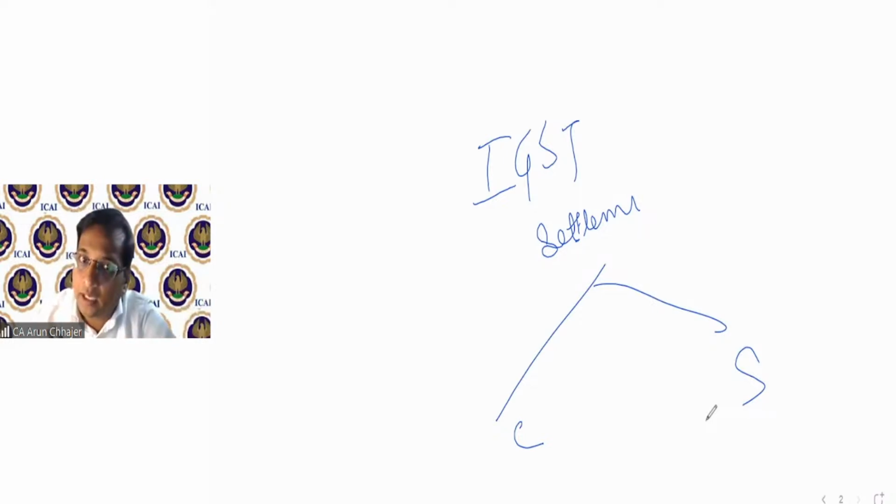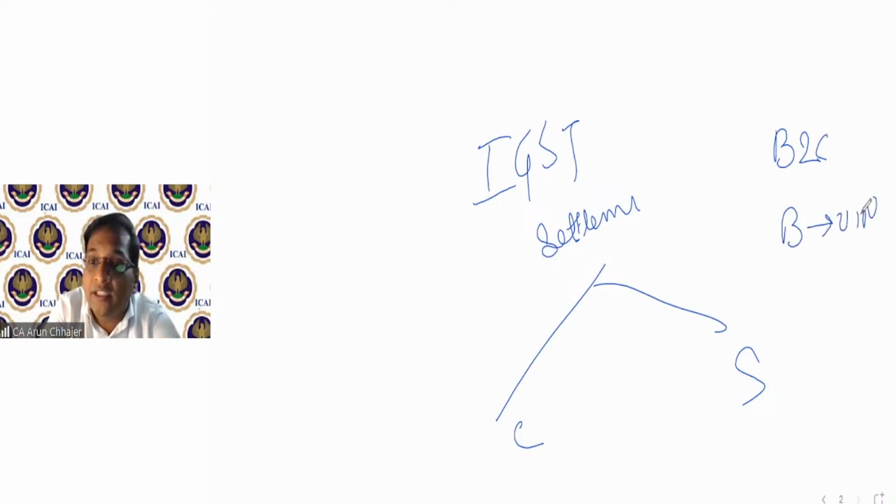And how is the ITC distributed? Based on the place of supply. Normally, when the transaction is B2C, or to a UIN entity, or to a composition dealer, the chain is completed.